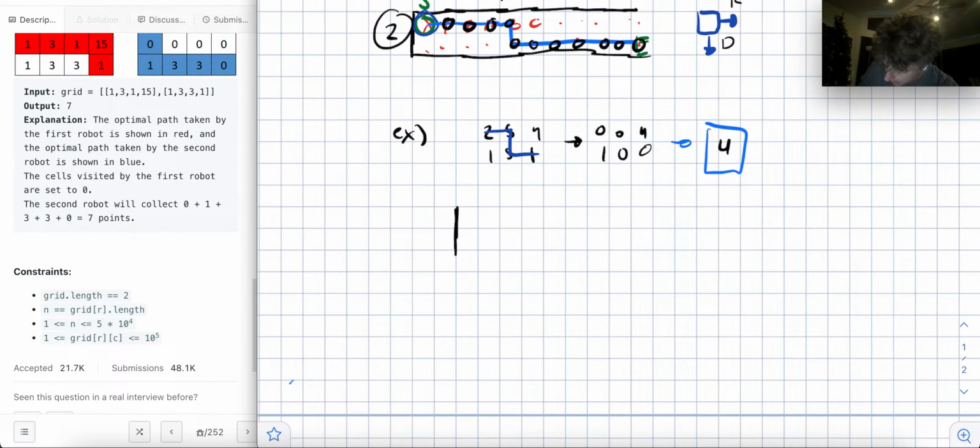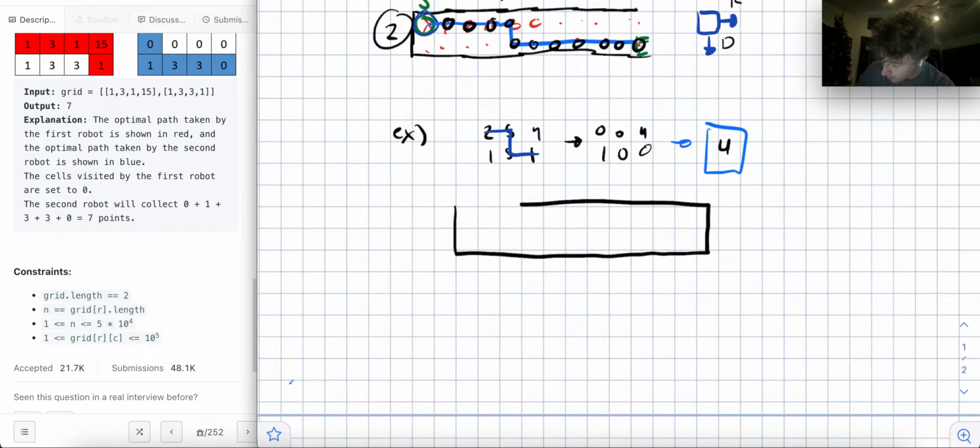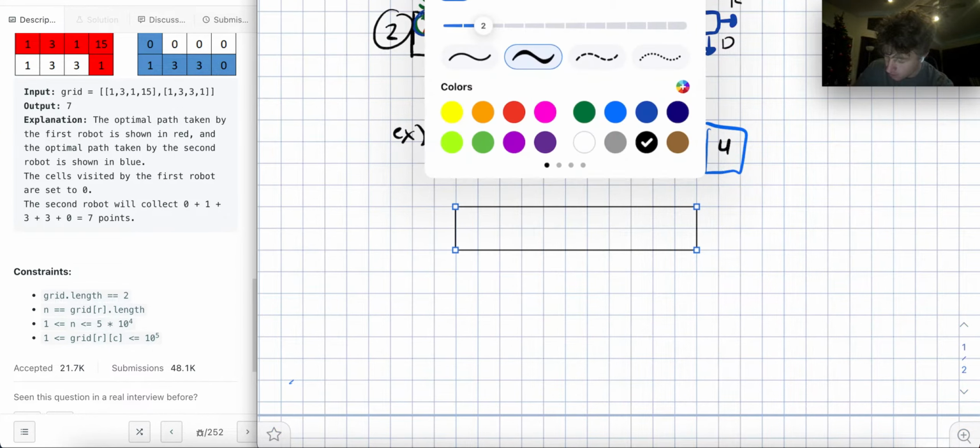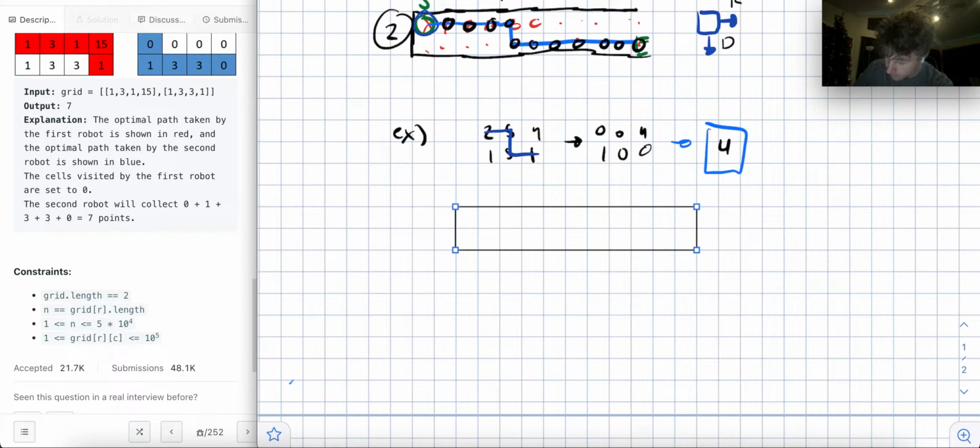and let's think about the scores that the second robot could get based on the first robot's actions. We're just going to call these things all constants. C11, C12, C13, C14, C15, C16, C17.